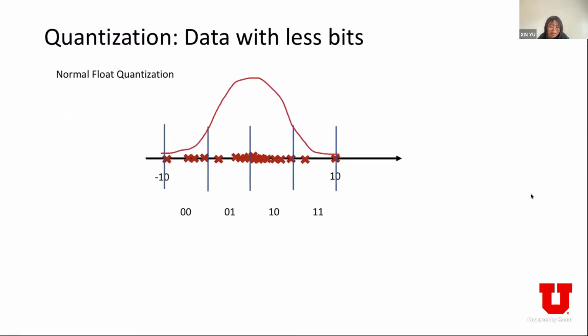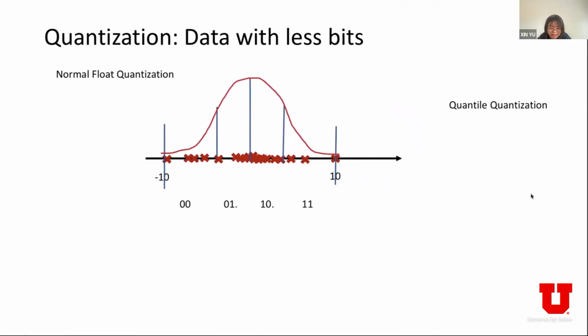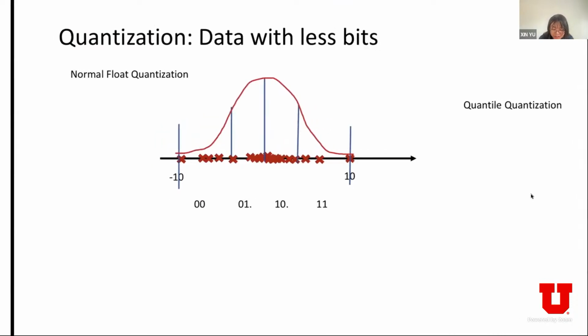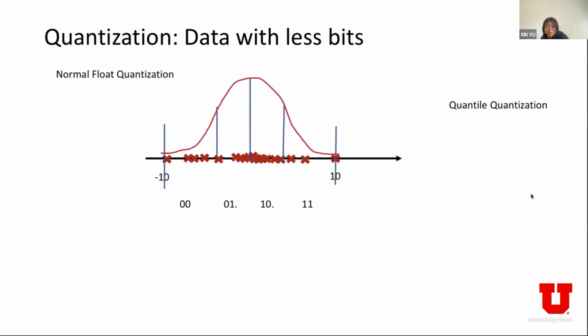Another thing is the quantile quantization. For this example, the distribution of the data is somehow like a normal distribution. So instead of the evenly spaced method, we can split all the data into 4 parts, assuming the data follow the normal distribution, and try to make every part have the same area.